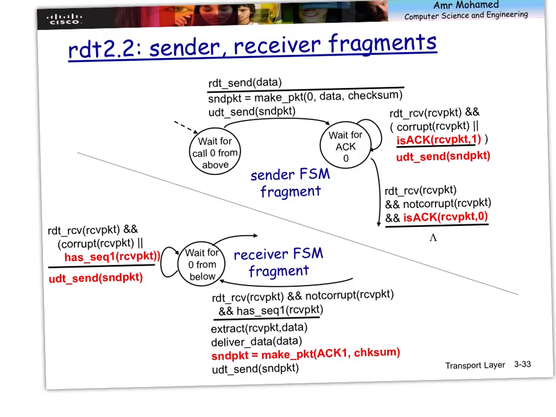The sequence number in the segment that I just received is actually 1, but I'm waiting for 0. Here, the state is waiting for 0. If you're waiting for 0 but you received 1, what does it mean? It means that this is a duplicate packet. I received it before, because I am a receiver.